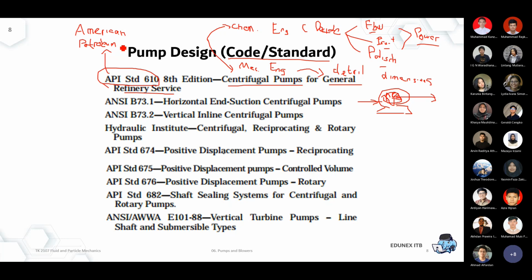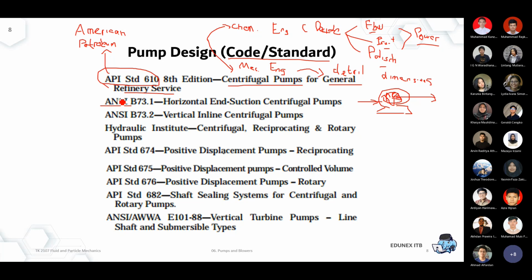using another standard. So another typical standard that is used is ANSI. Again, it's just an introduction for you. ANSI is not really specific for petroleum.